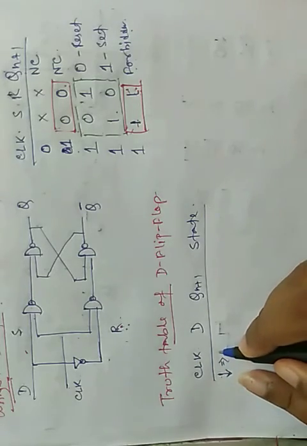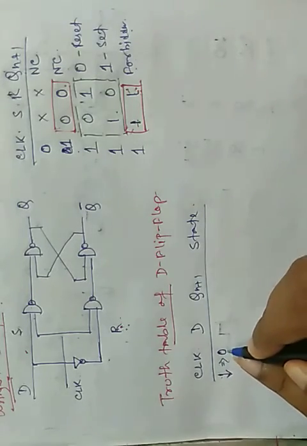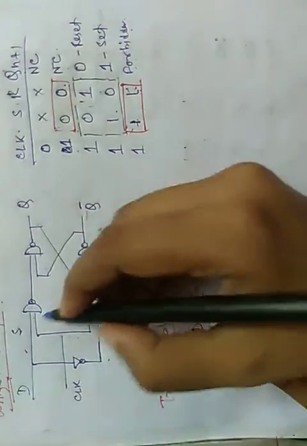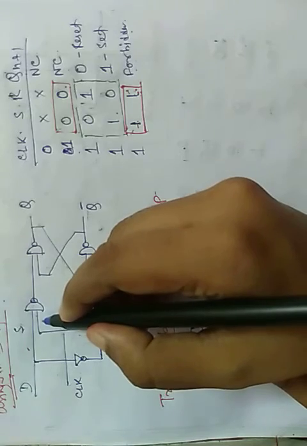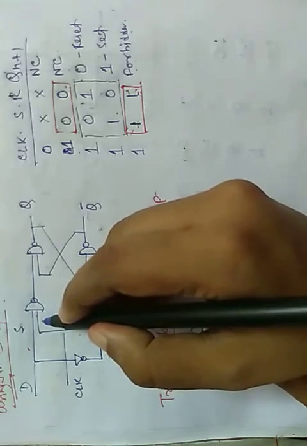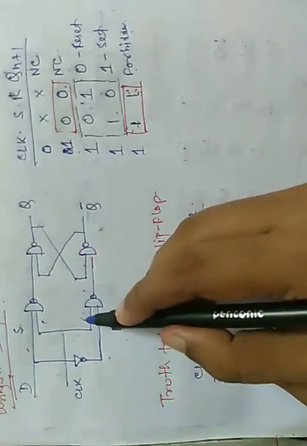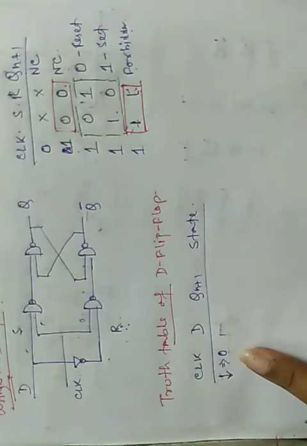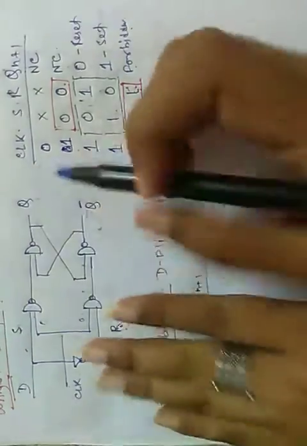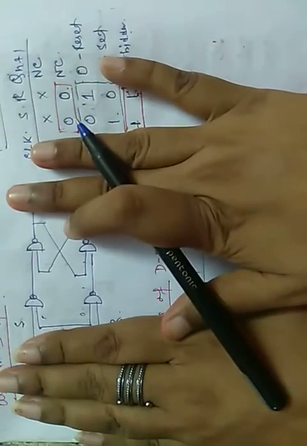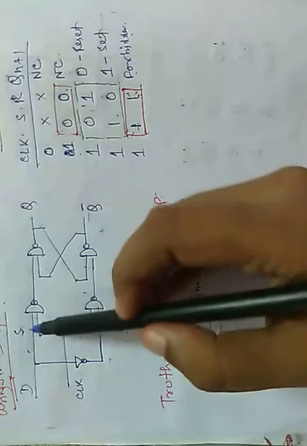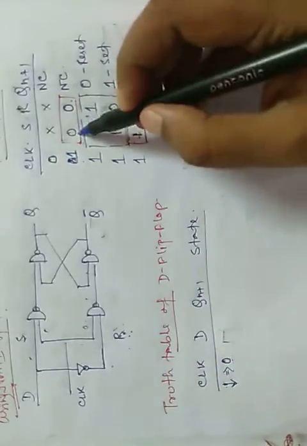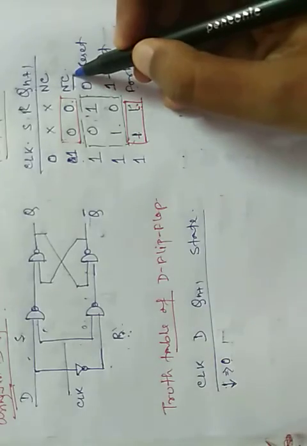When the clock is 0, one of the inputs of this gate is 0. As this is the SR flip-flop, when both the inputs S and R are 0, we know that the output is no change.